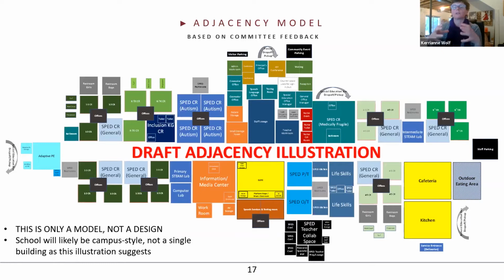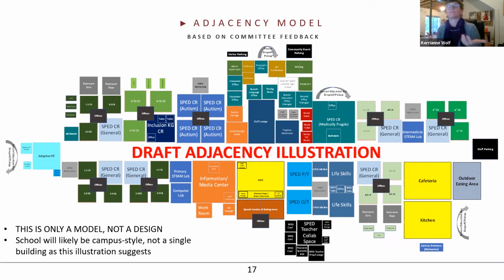But what I'll do in the final document is not only have an illustration similar to this, but I will narrate every space and talk about why it's important that we have, for example, a life skills space, and why the location of that life skills space is important.